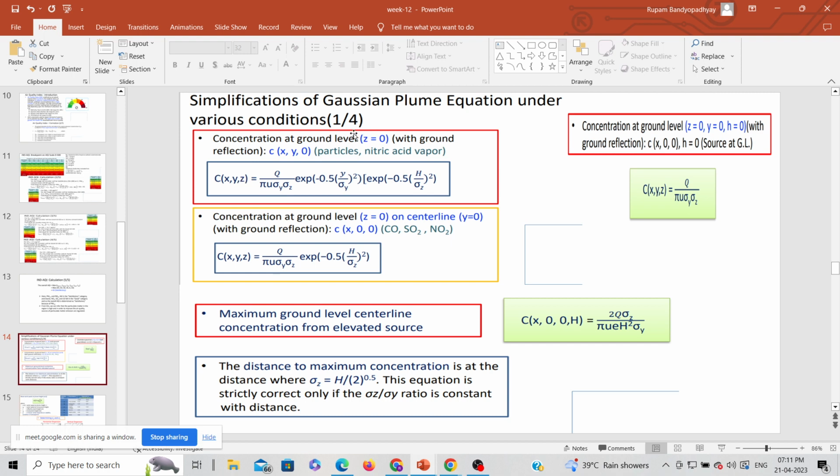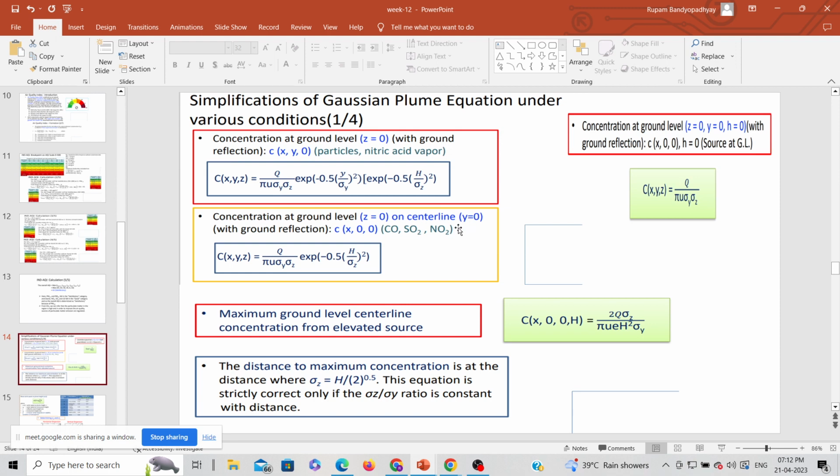As we are considering ground level, z is 0. So this is the equation. Sigma y and sigma z are the Pasquill stability coefficients.